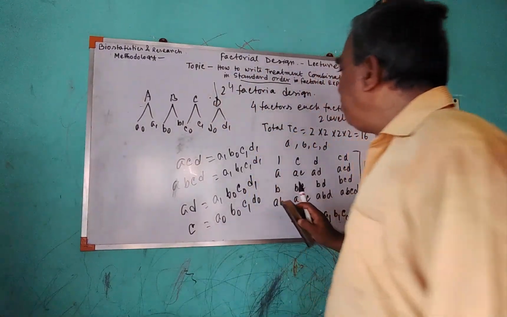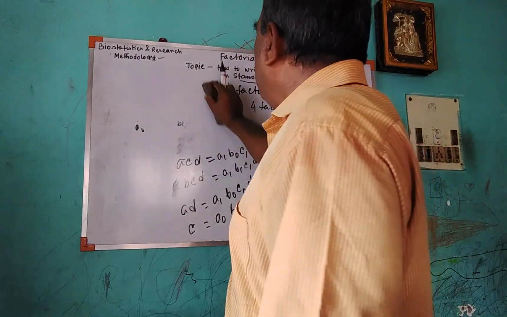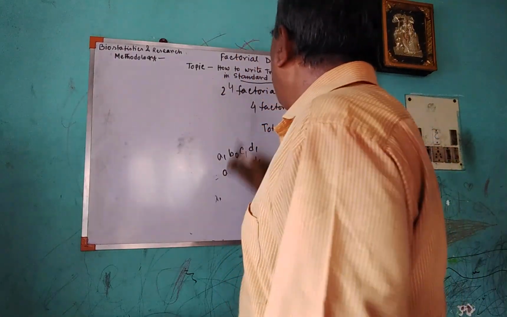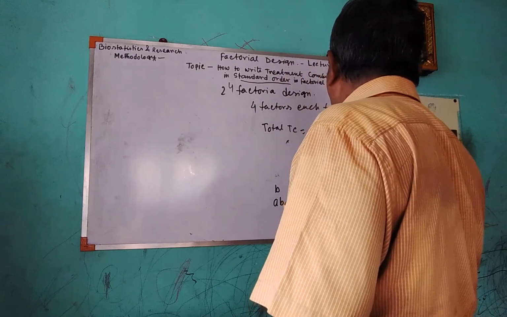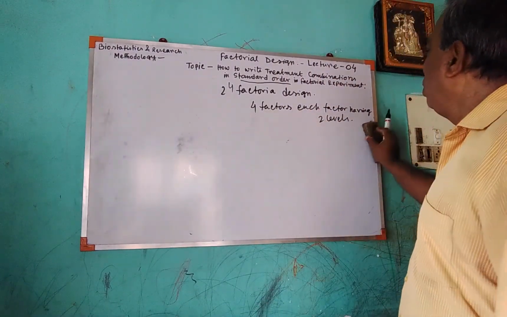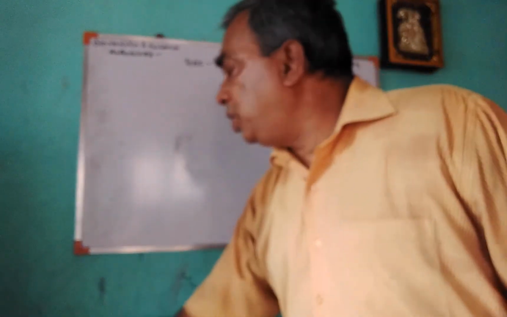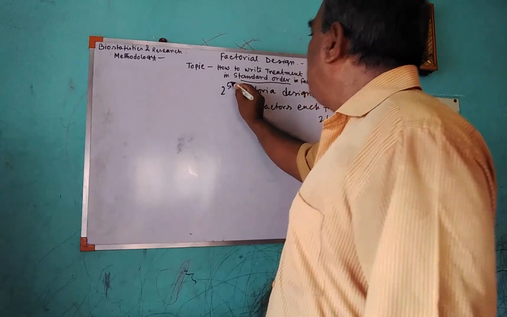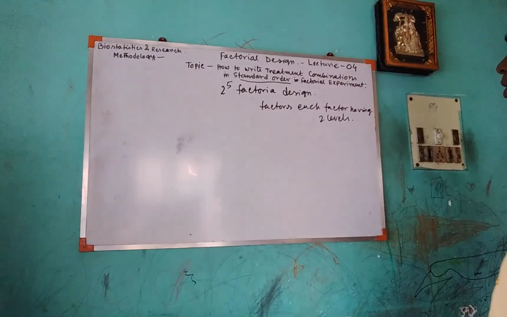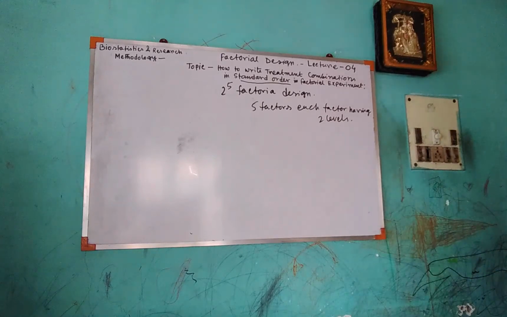Now if I say 2 to the power 5 factorial design, how many treatment combinations are there and how to write them in standard order? This is the last one we are focusing on. There are 5 factors, each factor having 2 levels.